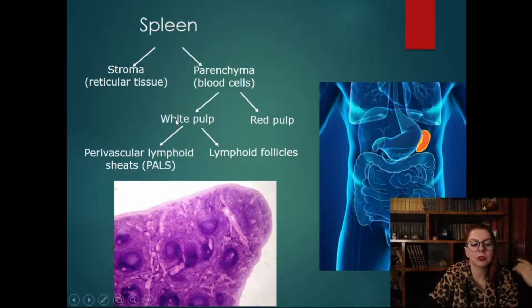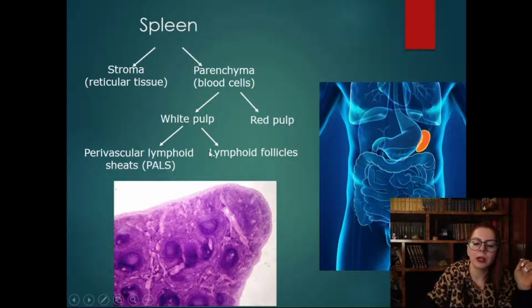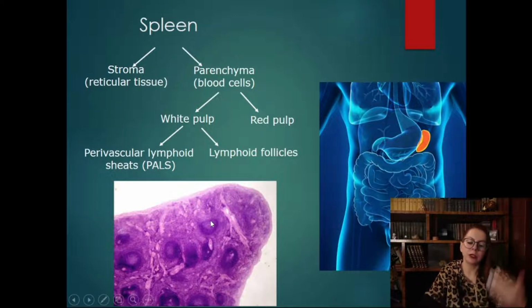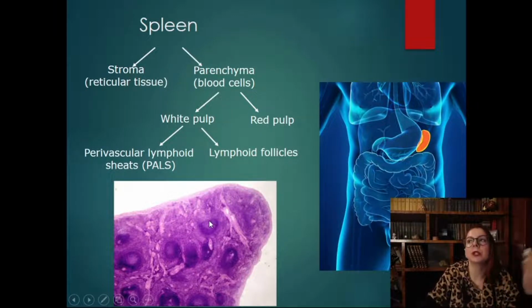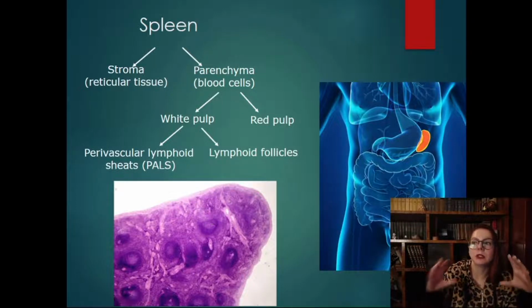White pulp is represented by the periarteriolar lymphoid sheets, there is a little mistake earlier, and lymphoid follicles. So white pulp in the histological section looks purple because lymphocytes are stained with hematoxylin, since they contain almost only nucleus.